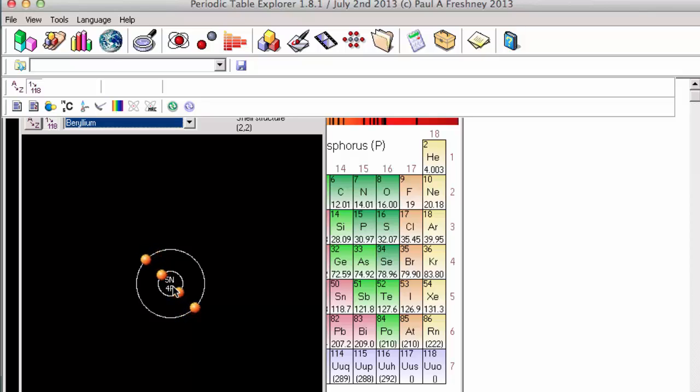Let's look at one more. Here's boron, and boron would have 5 for the atomic number. 2 on the inner shell and 3 on the valence shell. Again, one more proton is being added and one more electron as you go across, causing the force of attraction to be increased, pulling the outer shell closer to the nucleus, causing the atomic radius to be smaller.